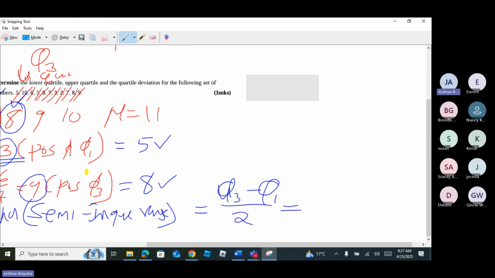So it is 8 minus 5 divided by 2, which gives us 1.5. So the upper quartile minus lower quartile divided by 2 gives us the quartile deviation or semi-interquartile range. Anybody has a question on quartile deviation for ungrouped data?